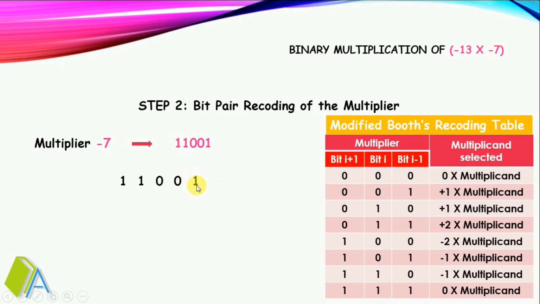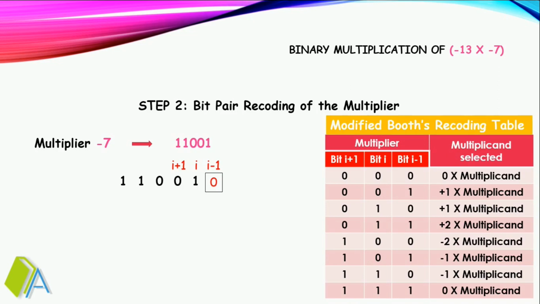The next bit, this 0, will be taken as the I plus 1th bit. So whatever my multiplier may be, whether a positive number or a negative number, I will always choose 0 as my I minus 1th bit.